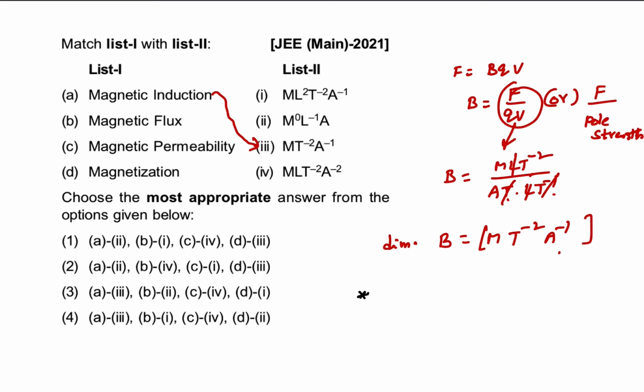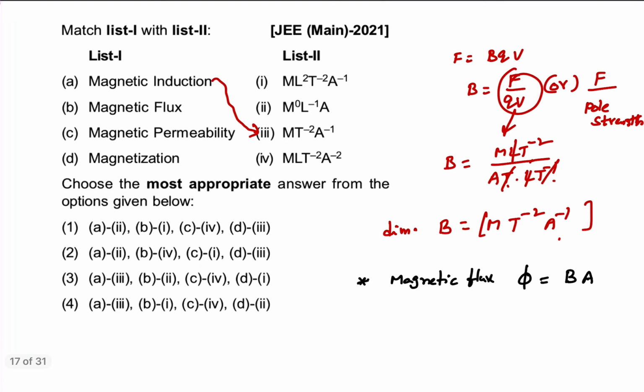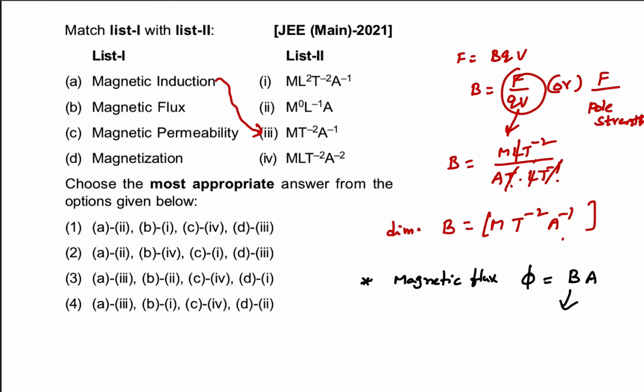Next one, magnetic flux. What is magnetic flux? Flux is equal to B into area. I am not writing cos theta, just B into area. Magnetic field you already got as M T power minus 2 A power minus 1. Area is L square.